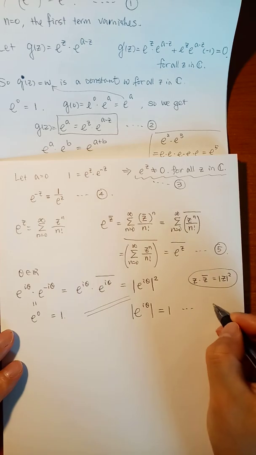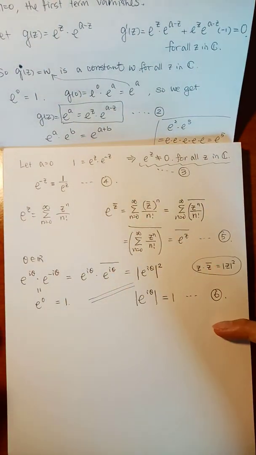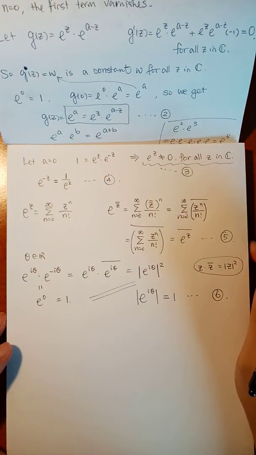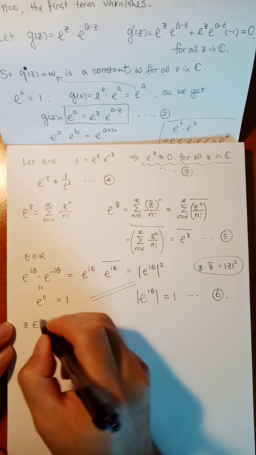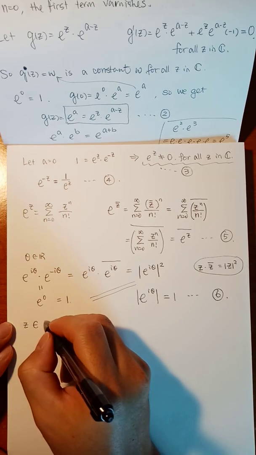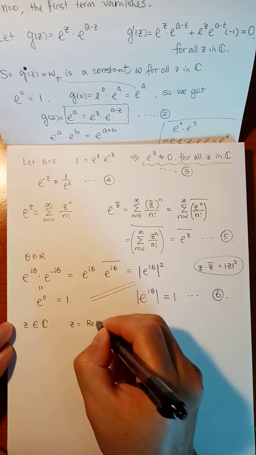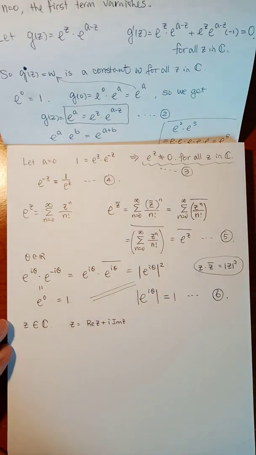This is 6. Let's just review everything we have, from this derivative and the constant function. And now we have a general complex function, a complex variable. Then the complex variable is the real part of z plus i times the imaginary part of z, right?